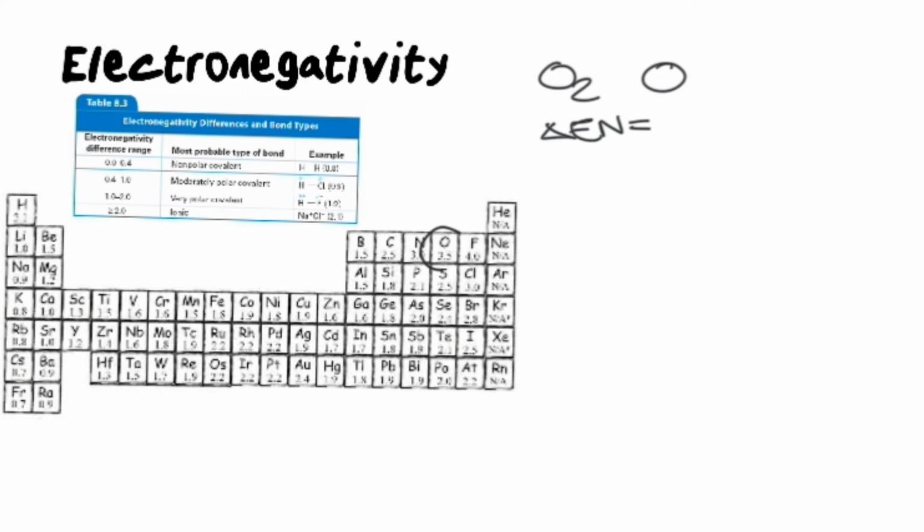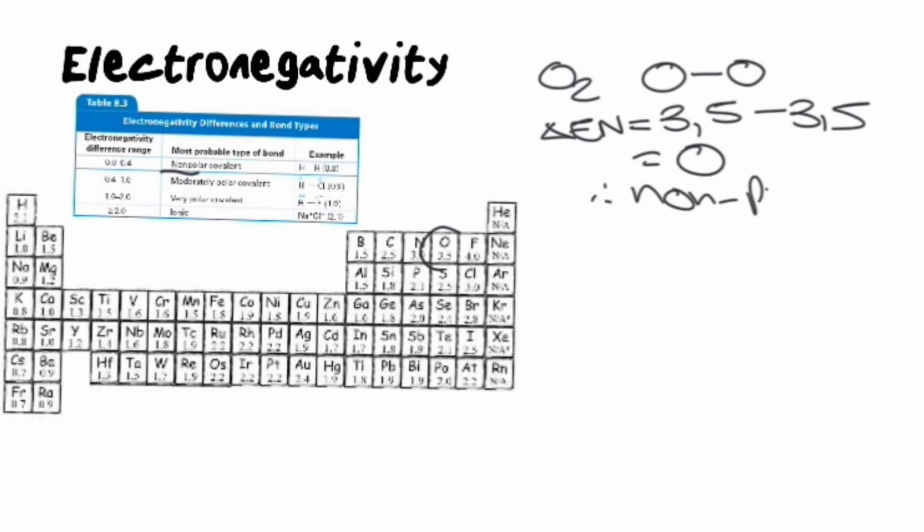O2 has an oxygen bond, so despite the 2 there, you look at which atoms are bonding. I have 3.5 minus 3.5, and that gives me 0. Looking at the table, therefore it is a non-polar covalent bond.